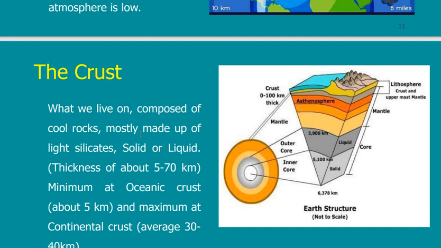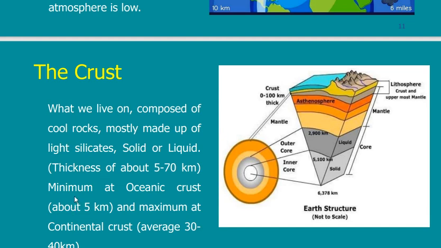So for the crust, it is cool. This is the temperature. It is made of silicates, from silicon. And it is light. When I say light, it means that the density is very low. So these are the three important things.